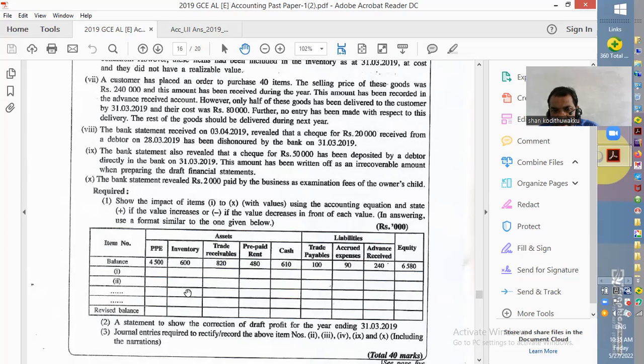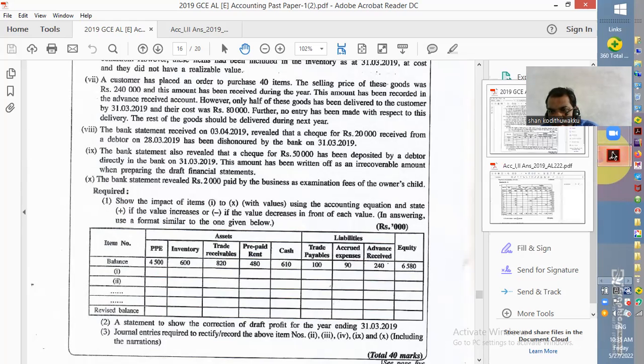The difference between the cost 80,000 and the saleable value revenue 120, that is half of advance received, will be the profit. Profit is 40. We can add it to equity. Because of profit, it will increase equity, that is plus 40 under equity. We can just see the answer.